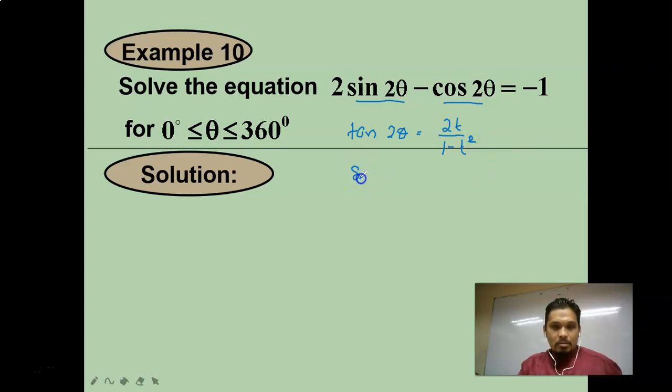Okay, sine 2 theta equals 2t divided by 1 plus t squared, and cos 2 theta equals 1 minus t squared divided by 1 plus t squared.